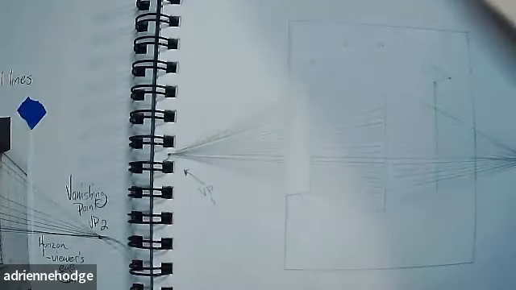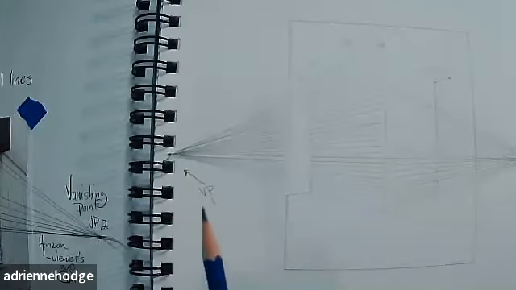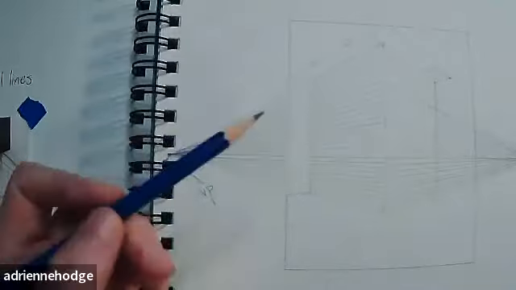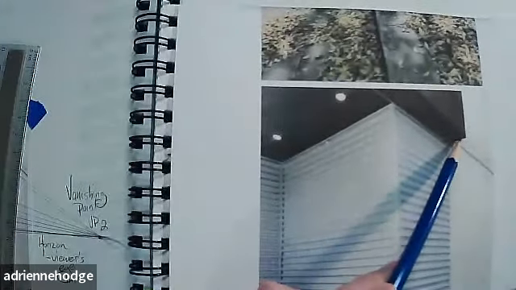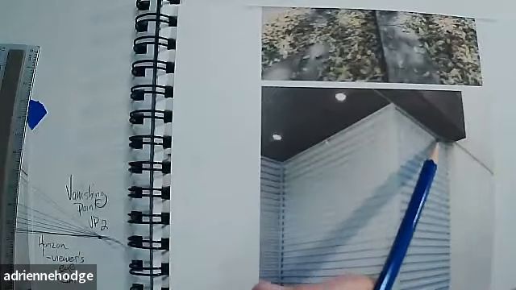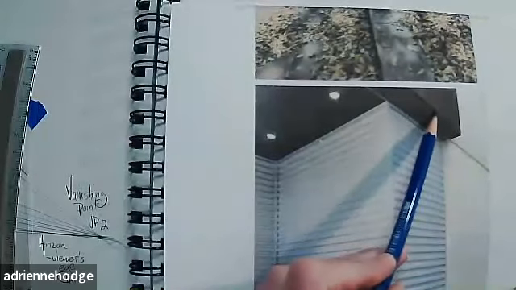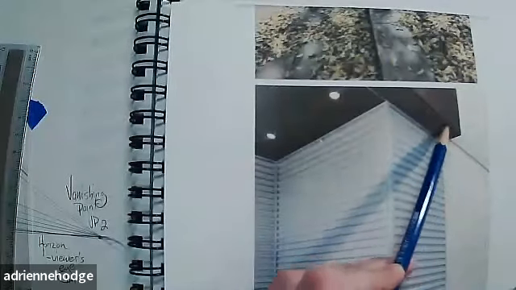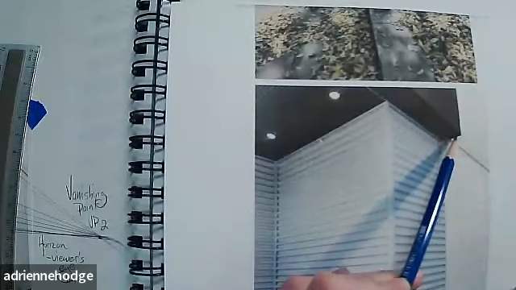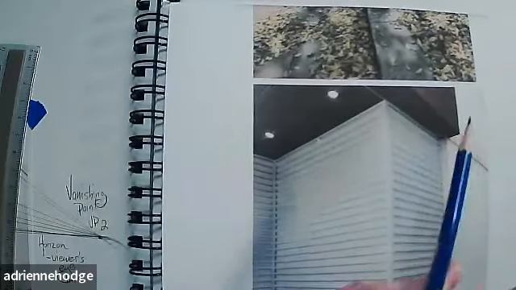So I'm just going to pick up where we left off. Where we had ended last week was we were looking at the more complicated parts of this image, like right here where there's this protrusion of the building, this awning that comes out right here.